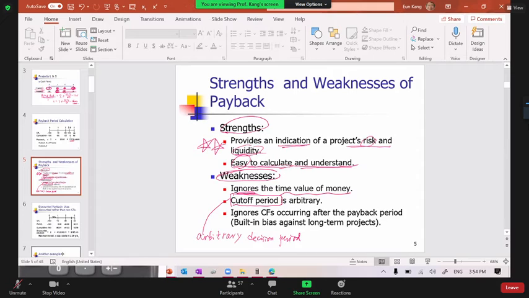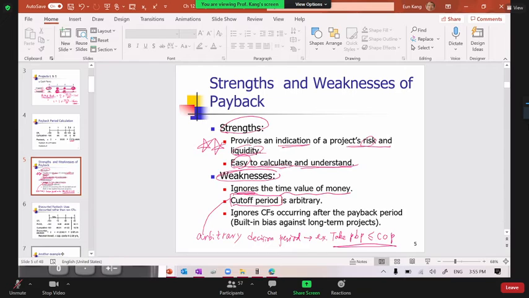So for your management, from your experience, for example, you say that I'll take all the projects with payback period, PBP, less than or equal to the cutoff period, COP. Something like that. That means what?